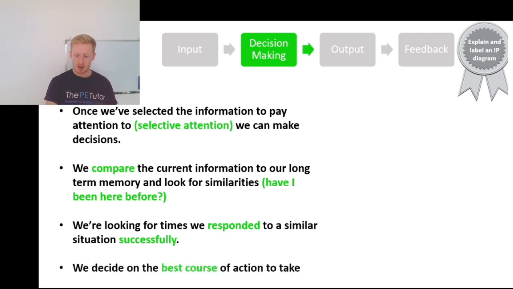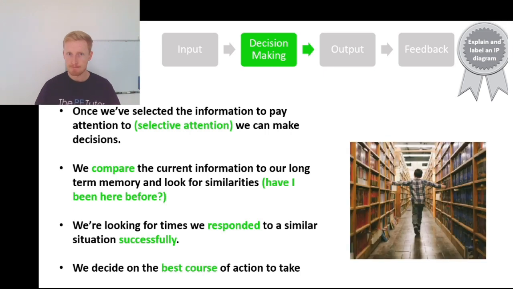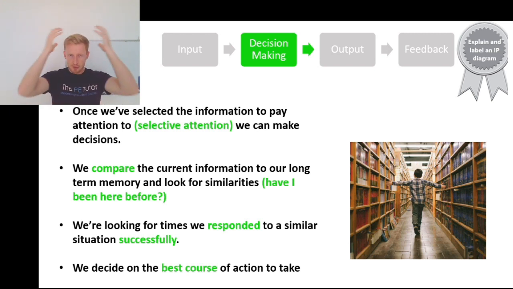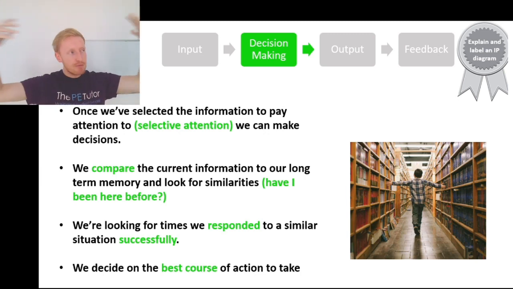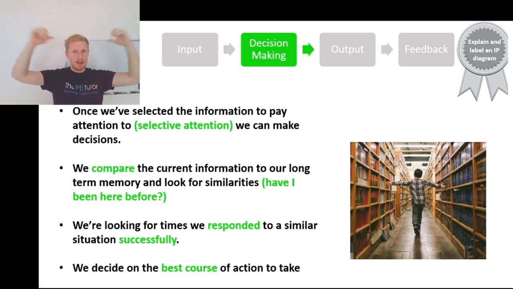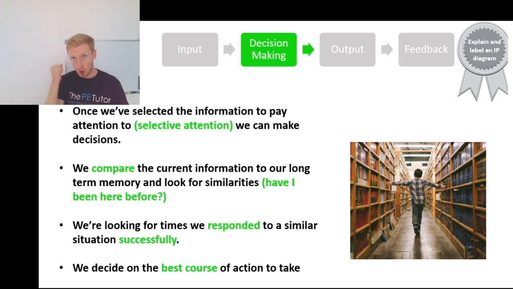So I've got a picture here of a library. Whenever I teach information processing and long-term memory, long-term memory is everything that you can remember and then some. Infinite in time, capacity, everything. Whether or not you can actually recall what's happened before, well, that's a case of how often you go to it, how powerful the memory is.